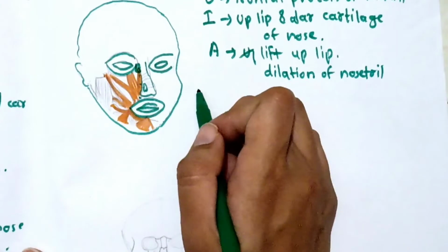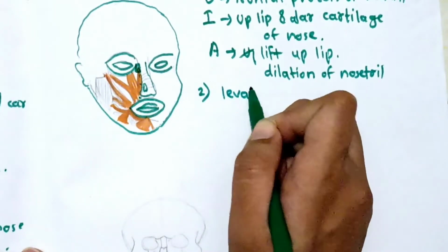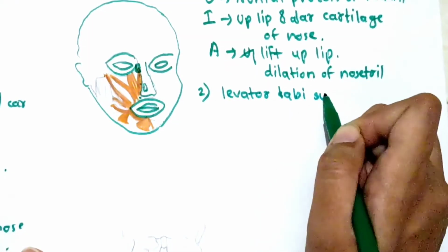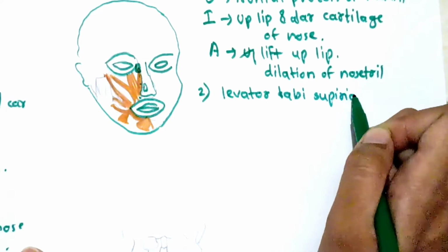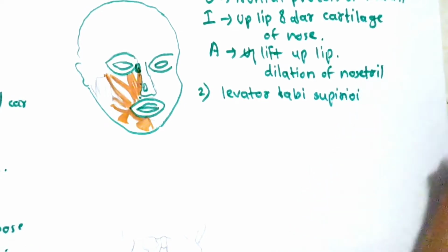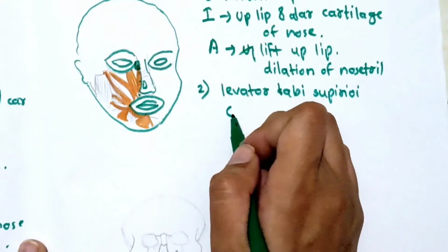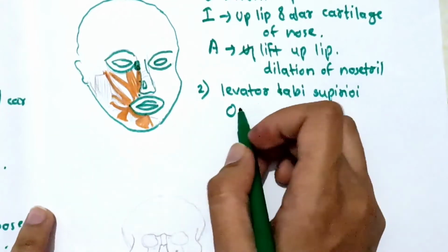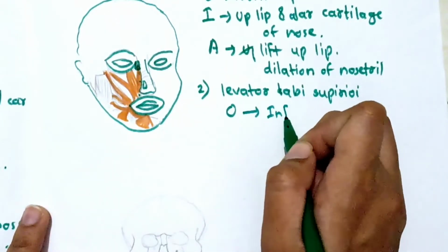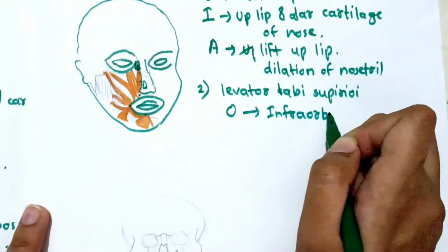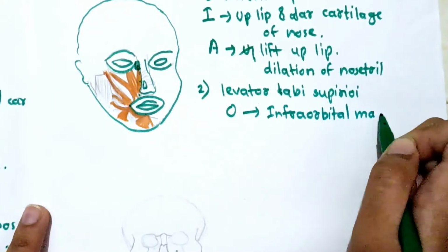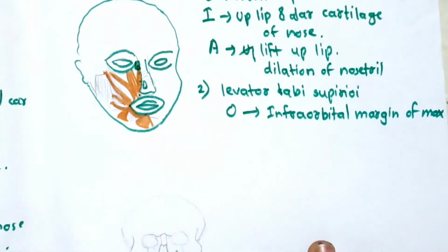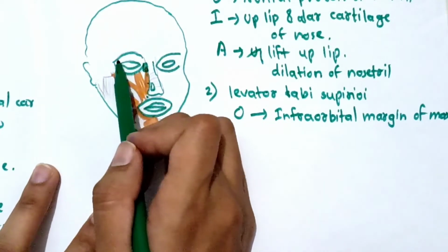Now the next muscle is levator labii superioris. So what is its origin? Infraorbital margin of maxilla. Where is the infraorbital margin? This one is the orbit.